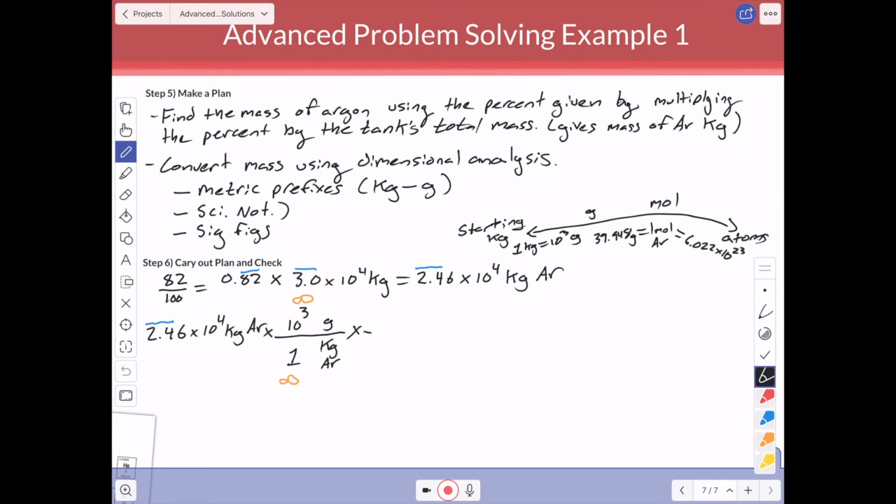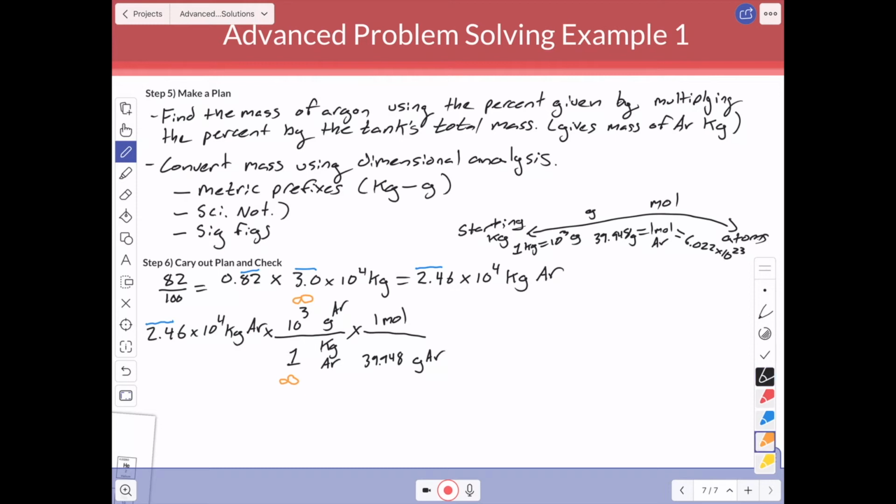We go to our next conversion factor. Grams is going to go on the bottom, and that's of argon. Where's that conversion factor? It's here. It's my molar mass, 39.948, and that's in 1 mole. Now, when we get our molar mass on our periodic table, remember that's saying in a perfect mole.